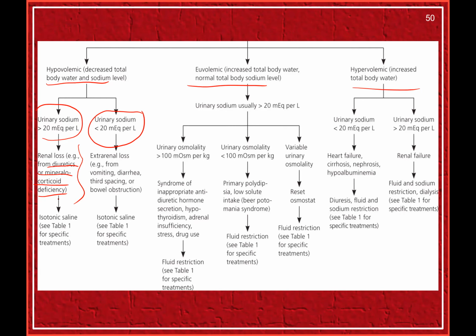We were familiar with some of those. The treatment is different. What do I need to do? I have to give isotonic saline, and not hypertonic saline or dextrose or fluid restriction. That is not the answer.